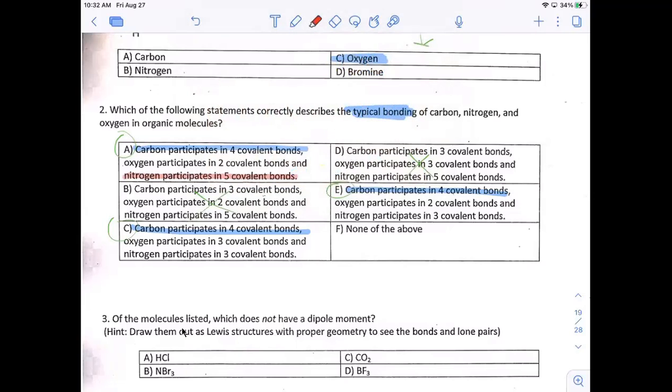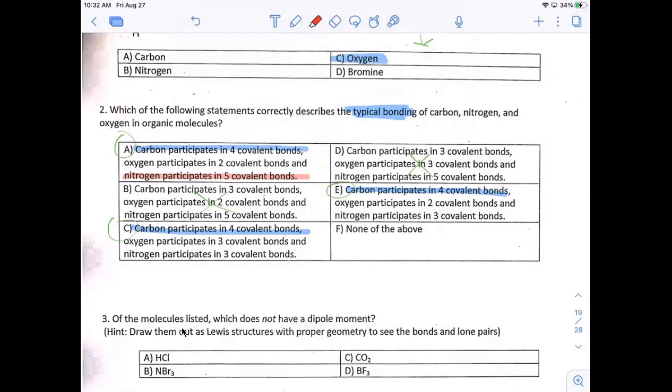Remember, we just said nitrogen in its typical state has 3 bonds to it and a lone pair. It can make 4 bonds and go hypervalent, but it can't make 5 bonds, because then it'll have 10 electrons around it and violate the octet rule, right?